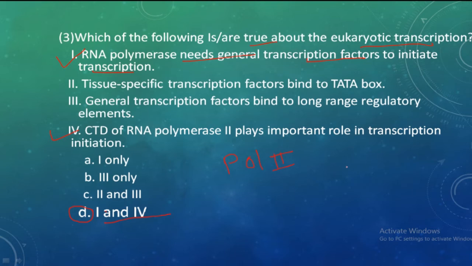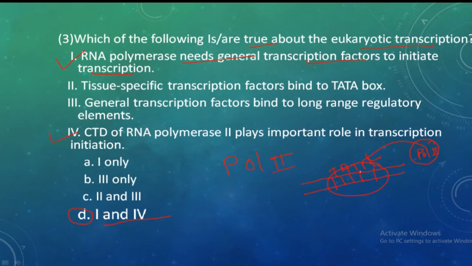So RNA pol 2, for example, this is a DNA, and this is the Tata binding site. This RNA pol 2 enzyme will first come to this site and bind here. RNA pol 2 will come to the Tata binding site with the help of Tata binding protein.